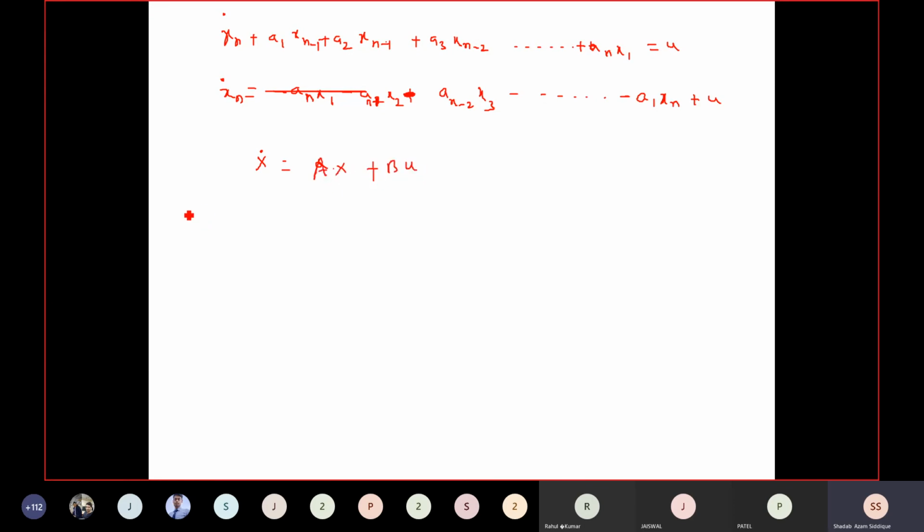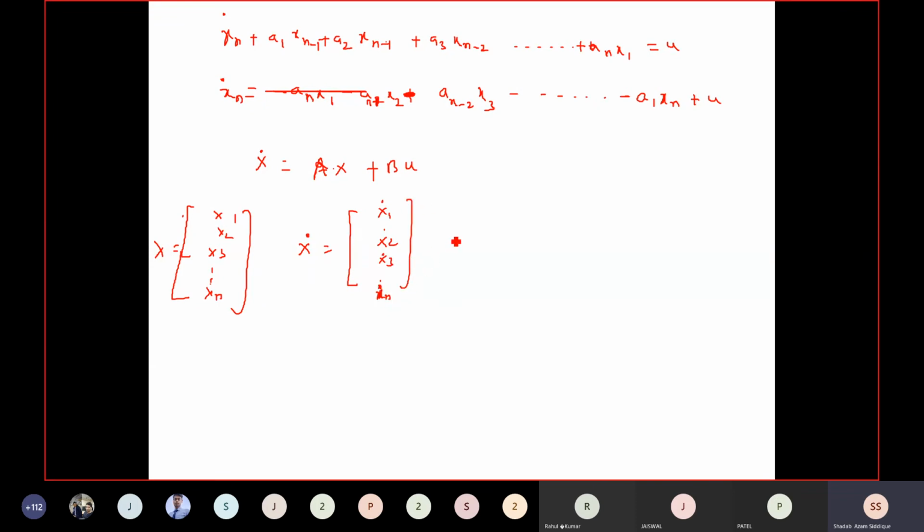So this can be written as the vector x1, x2, x3, up to xn, which is x, and x dot is x1 dot, x2 dot, x3 dot, up to xn dot.